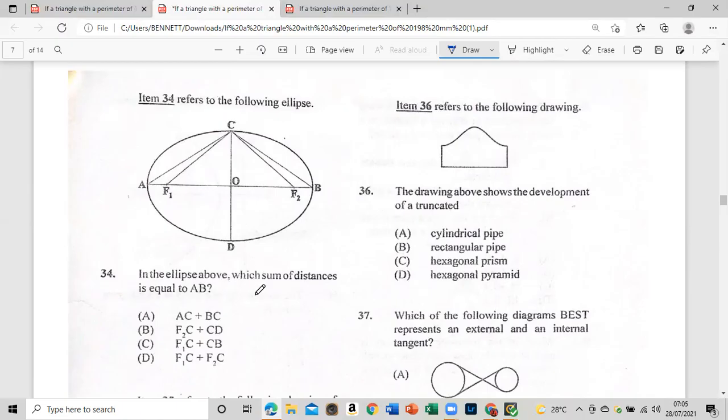No, sir, can't be that. Is it F1C, so that's F1 to C plus CB? No, sir. So it has to be the last one, F1 plus F2. So number 34 is E.